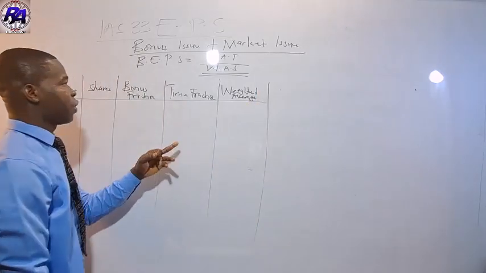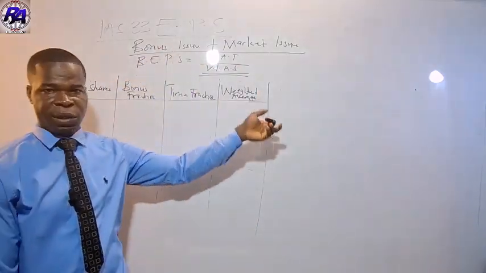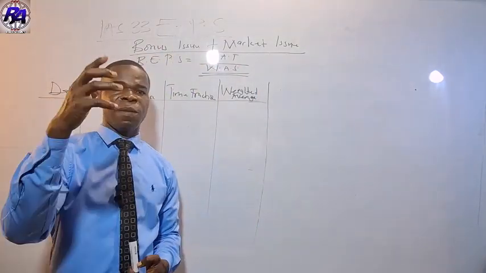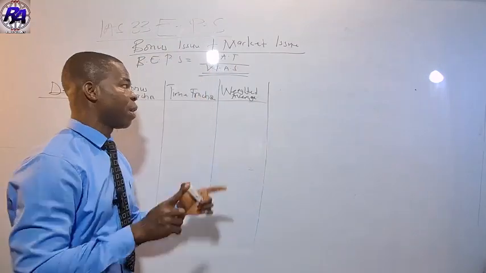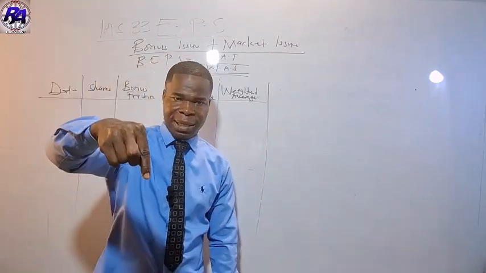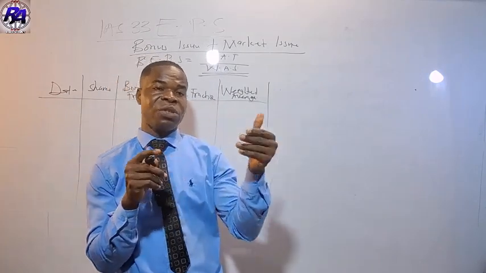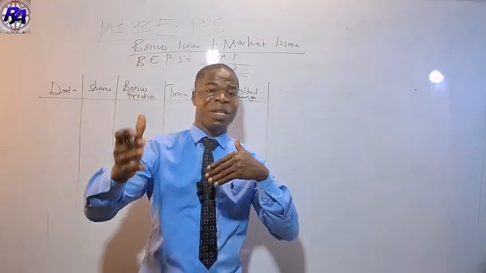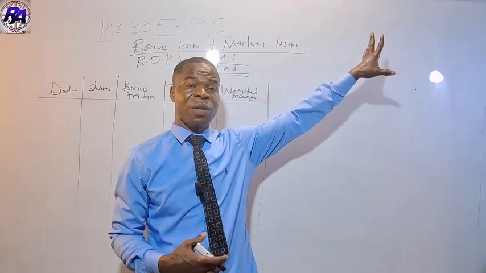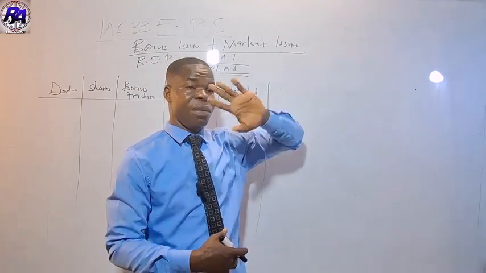So this is the situation where there's a bonus issue and there is a market issue. Now, when there's a bonus issue and there's a market issue, we are going to apply the bonus fraction up to the date of the bonus issue. So that assumption that the bonus issue was in existence previously, when we were looking at the bonus fraction, it doesn't hold here.